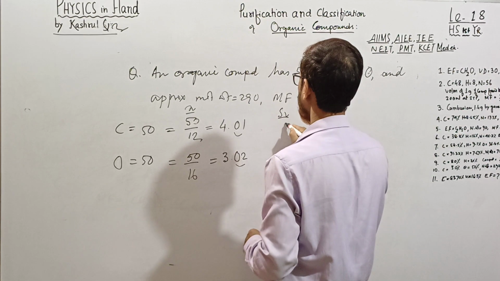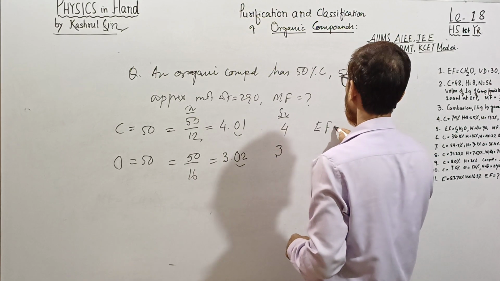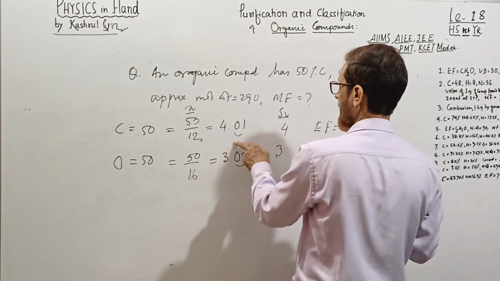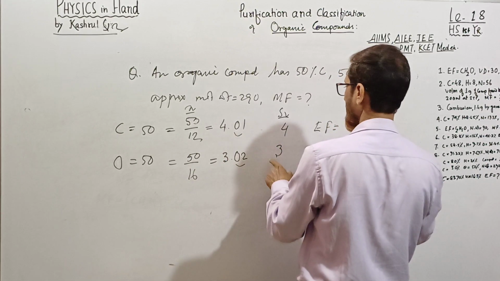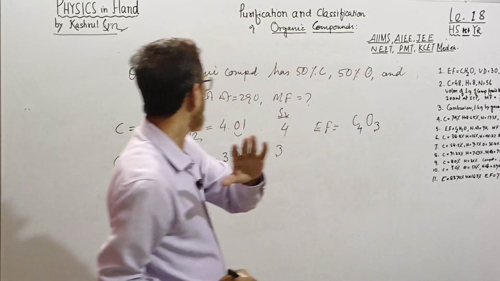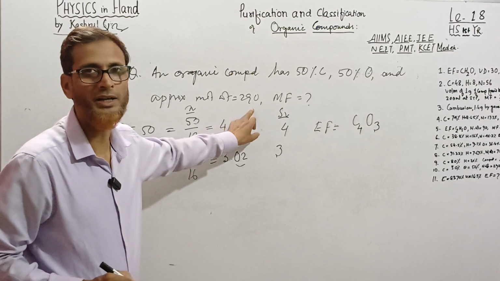The simplest ratio is 4 and 3. So the empirical formula is C4O3.